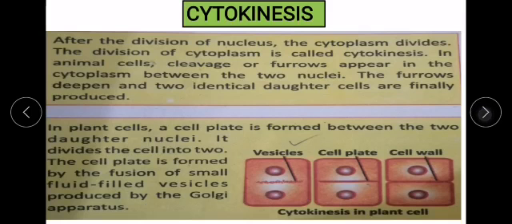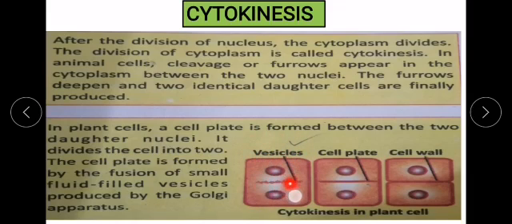But in case of plant cell, how does cytokinesis occur? In the middle, in the center of the parent cell between the two poles, small vesicles start gathering, then they fuse together. A vesicle is actually a bubble-like structure, a membranous bubble.